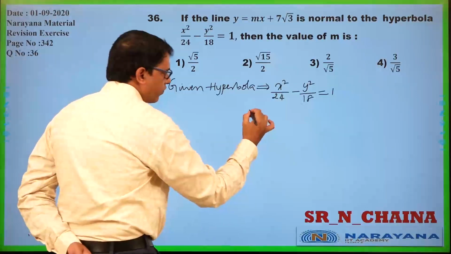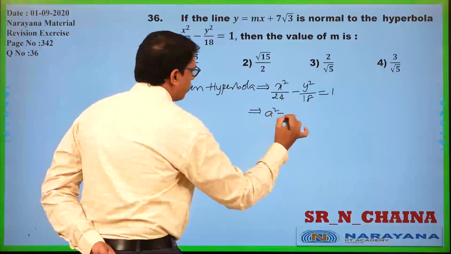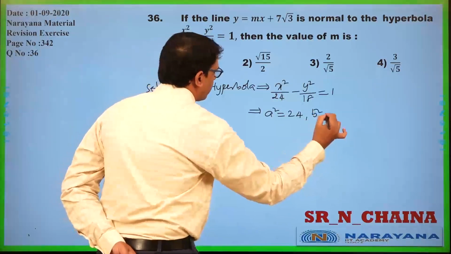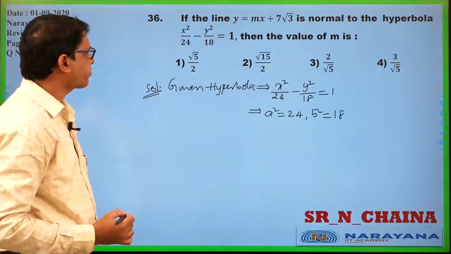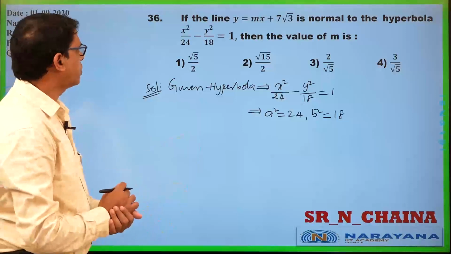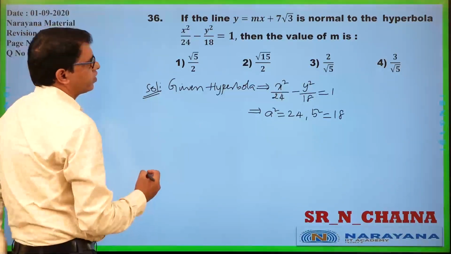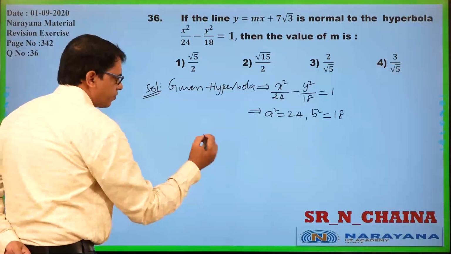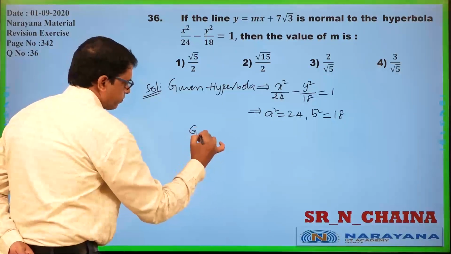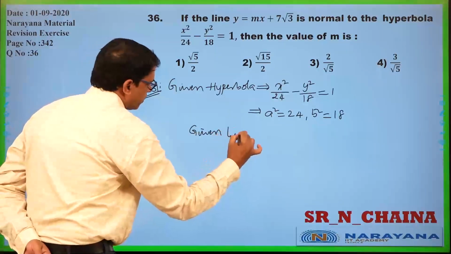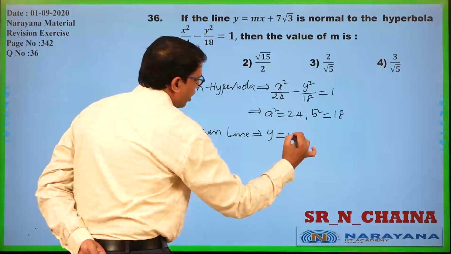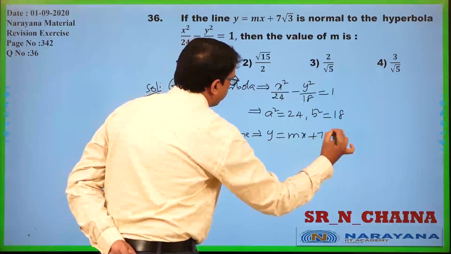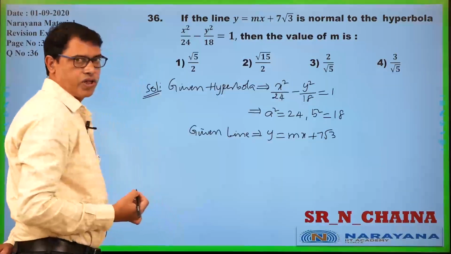From this, the value of a square equals 24, and b square is equal to 18. Now the given line implies y is equal to mx plus 7 root 3.